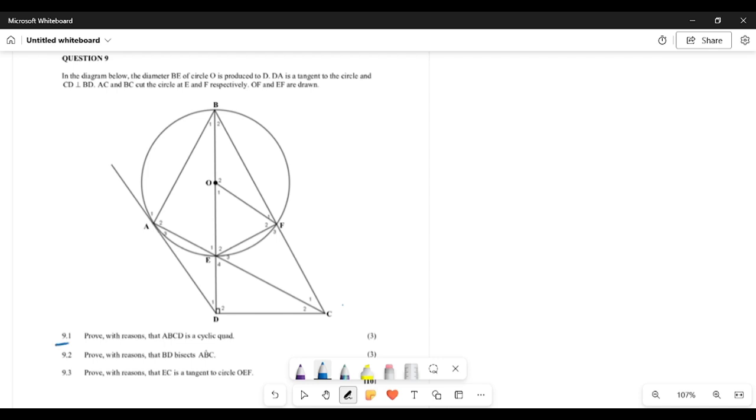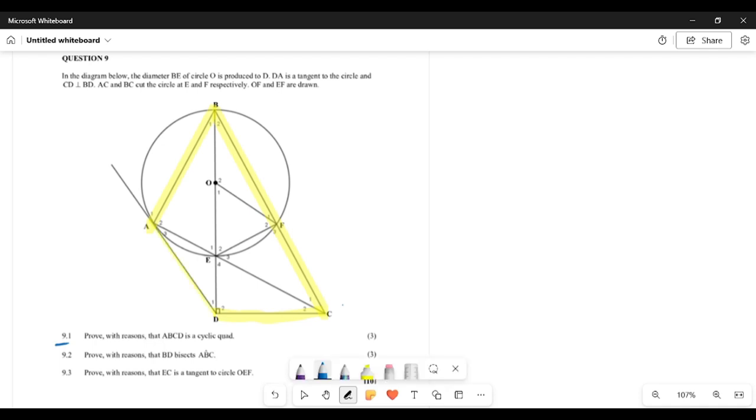Now 9.1 says prove with the reasons that ABCD is a cyclic quad. Let me just highlight ABCD so that you could see it. So we need to prove that this is a cyclic quad. Remember, there are three ways in which you can go about proving that something is a cyclic quad. So let us go through each of those three steps.